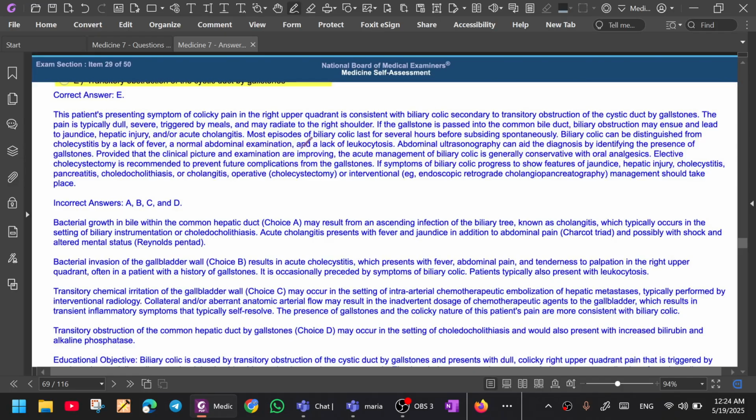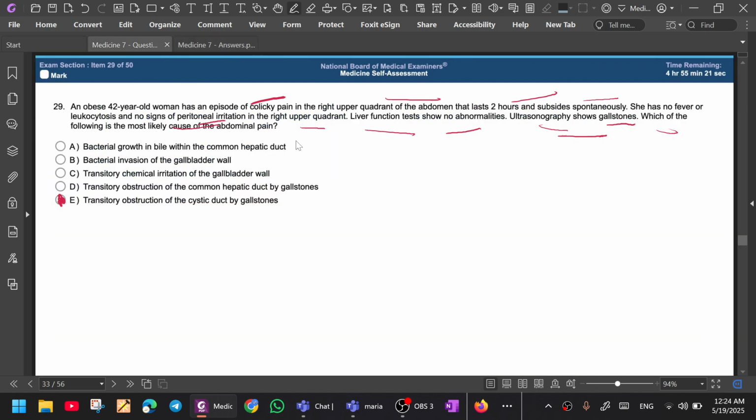Can you just summarize these things? When we see the option, what would be its diagnosis? Like bacterial growth in the bile within the common hepatic duct.